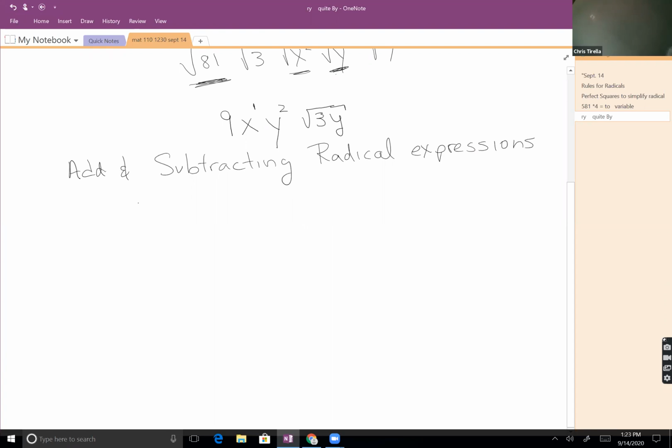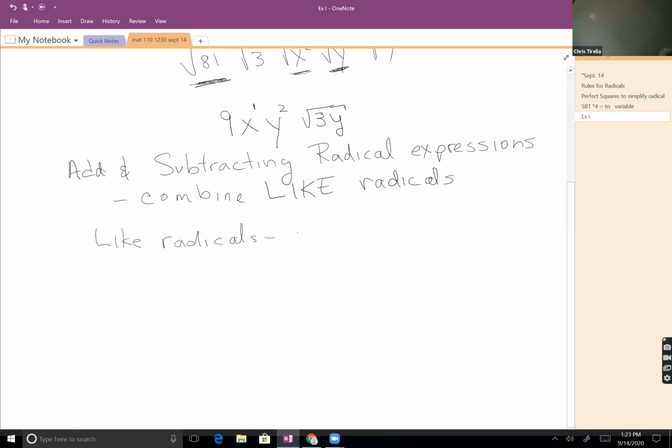And we're going to find that you can only combine like radicals. Just like we could only combine like terms, we can only combine like radicals. And like radicals need a couple of things to be the same.